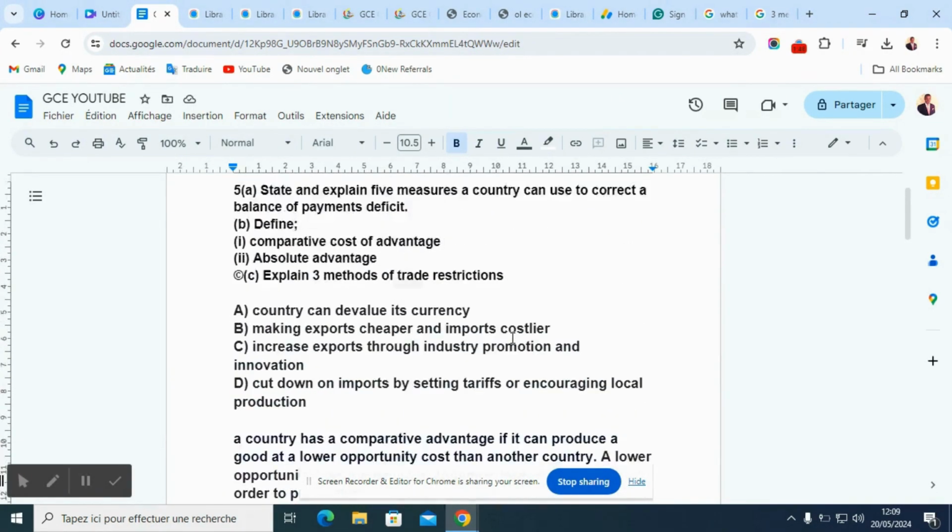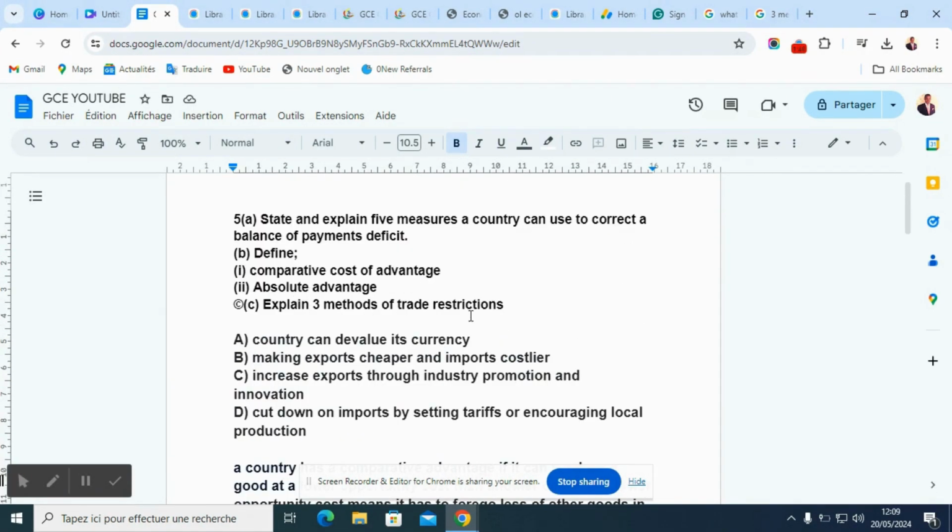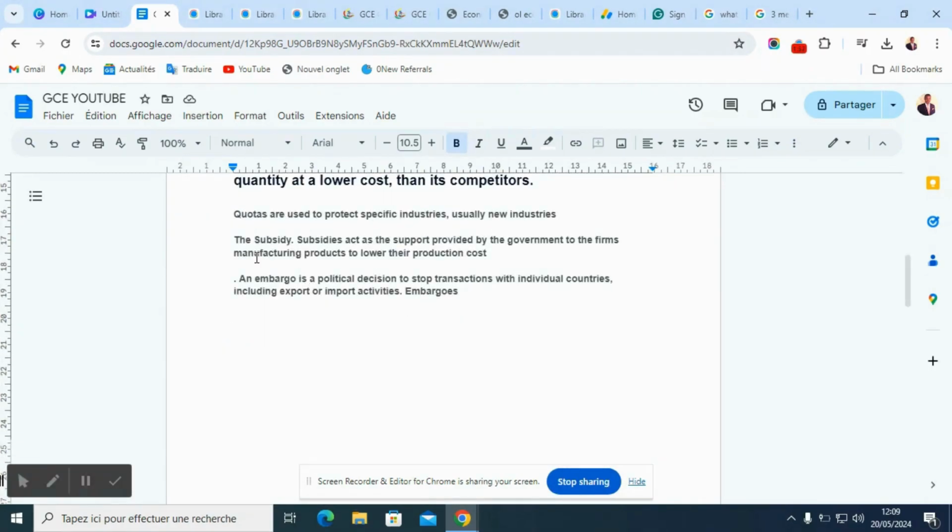The last question says, explain 3 methods of trade restrictions. Number one is quotas. Quotas are used to protect specific industries, usually new industries. Remember, we're talking about trade restrictions. The second one, subsidies.